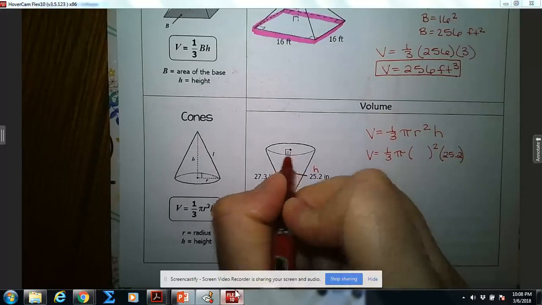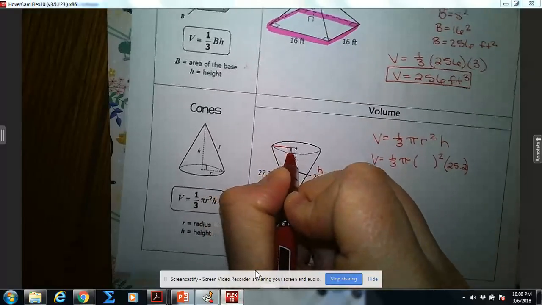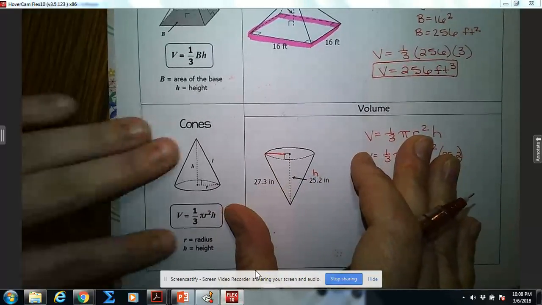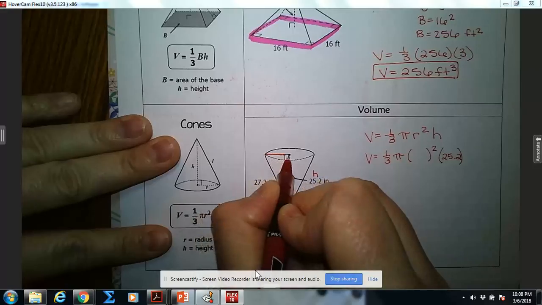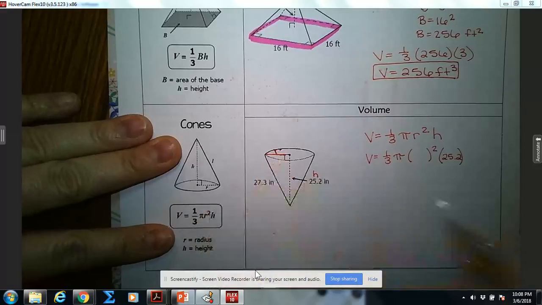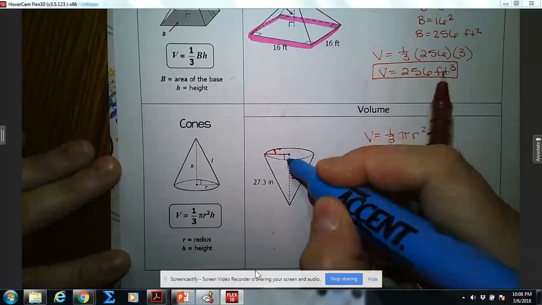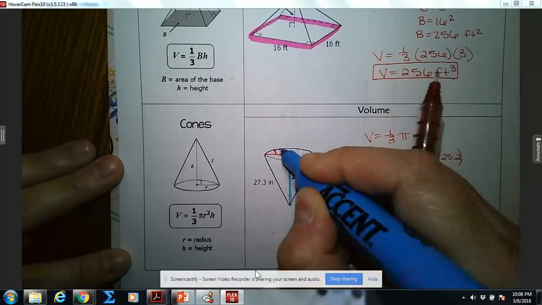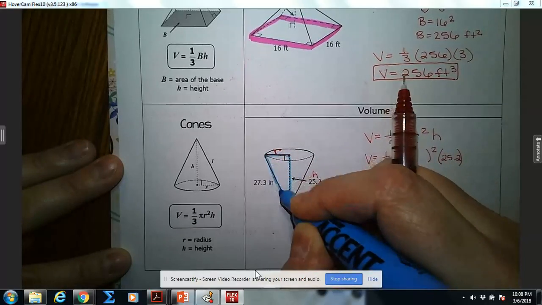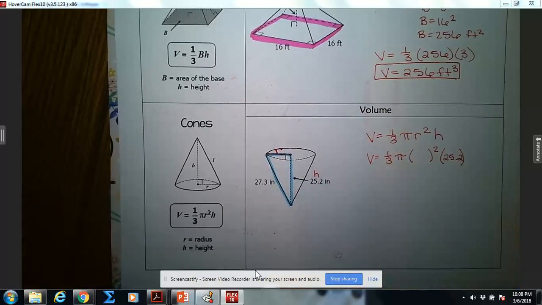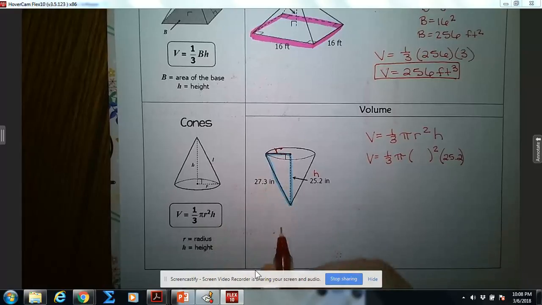All right, so we need to do a little work on how to find this radius. Let's draw in a radius. Okay, this is the radius. I hope you recognize that you have just built a right triangle. I'll highlight it in blue here. Anytime you can build in a right triangle, you've got some skills you can use to solve on that triangle. Here I'm going to use the Pythagorean theorem because I have all three sides of the triangle.